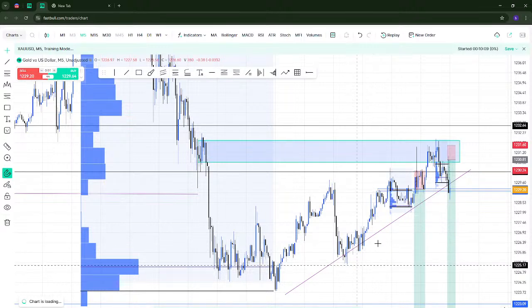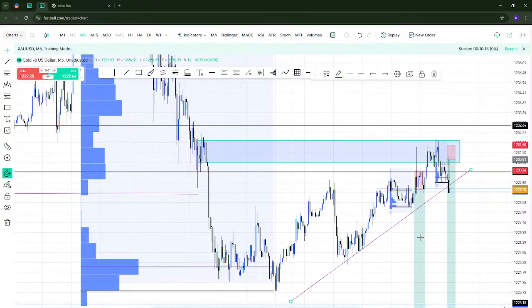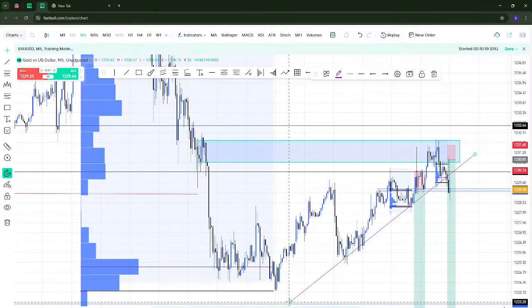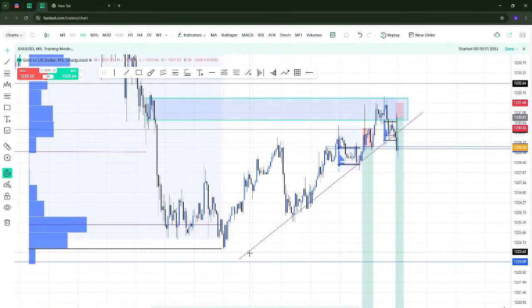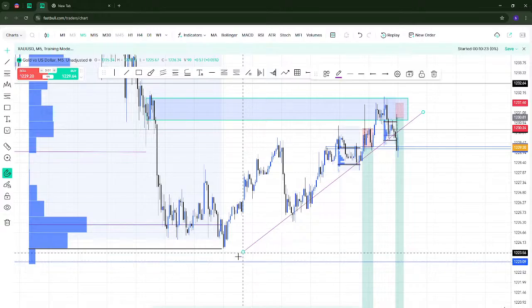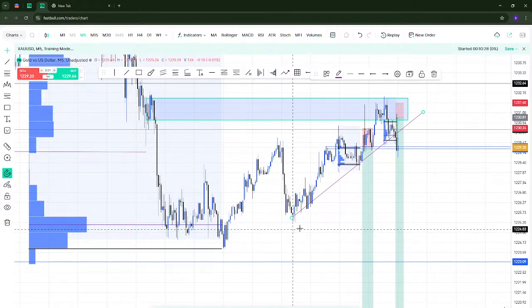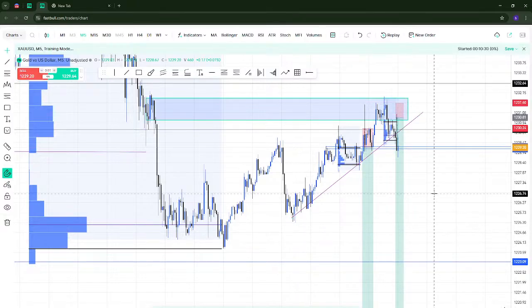Now you can see we have a very obvious liquidity here. You can see now it got broken at this level. You can see this liquidity here. Remember, I only use first bull data in this case scenario.